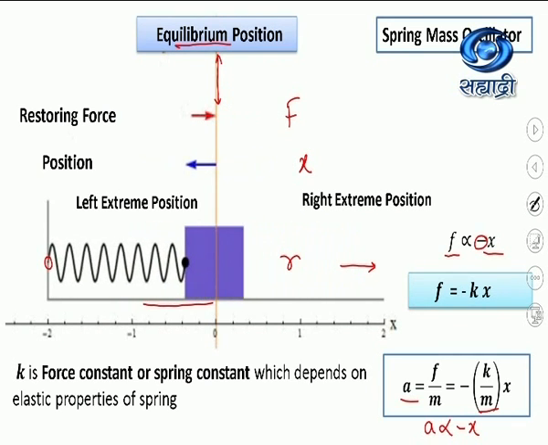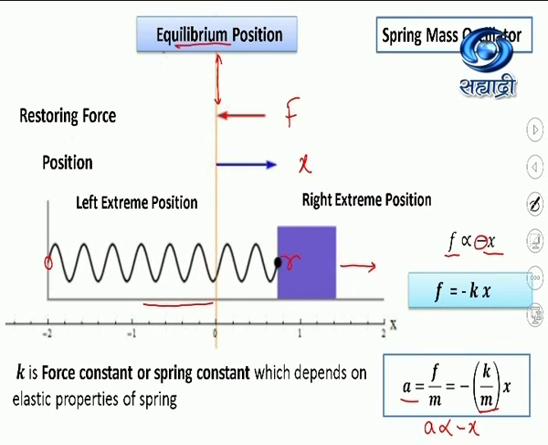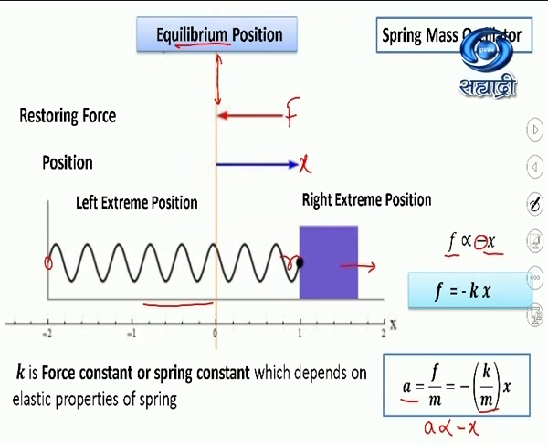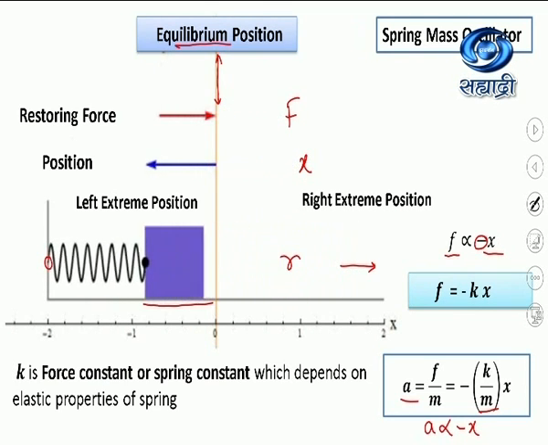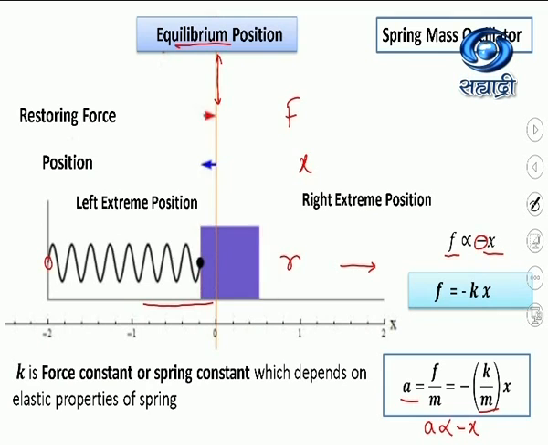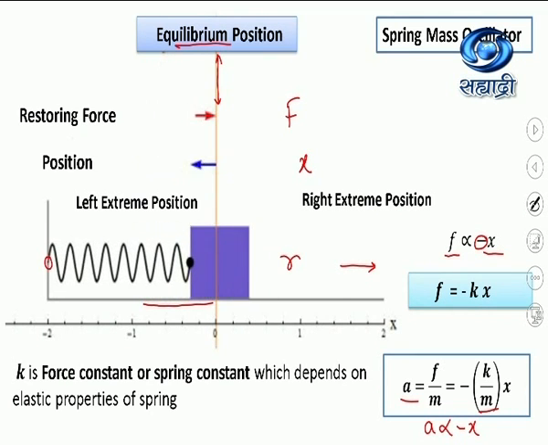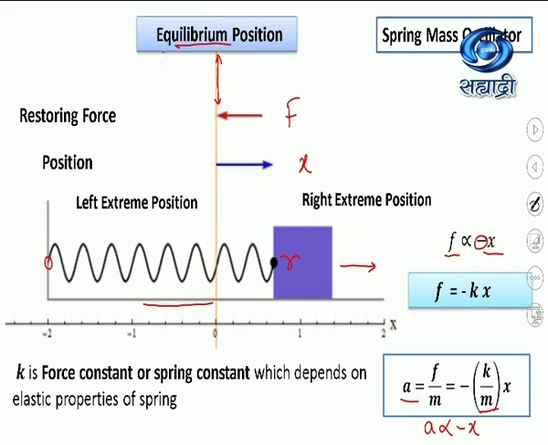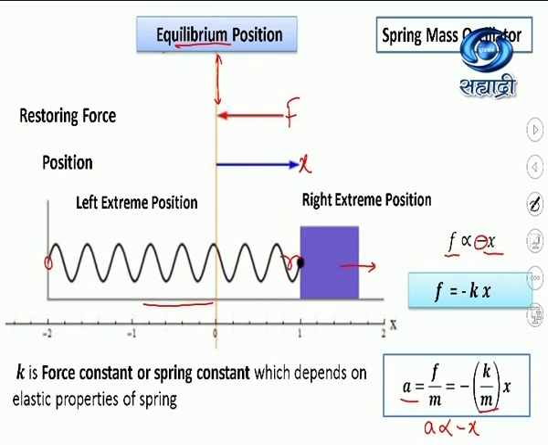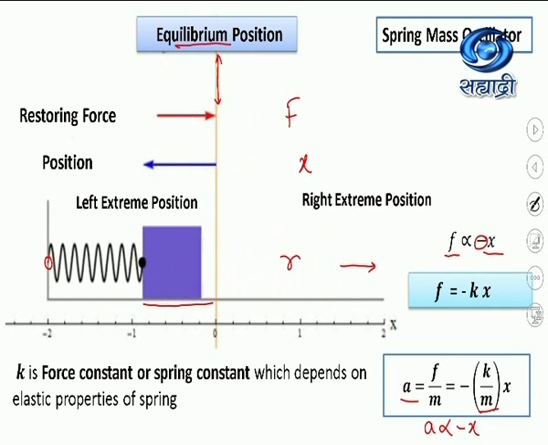So, along with the force, the acceleration is also directly proportional to displacement, and both acceleration and force are opposite to displacement. So here it is proved that the spring mass system, or spring mass oscillator, performs SHM along a straight line path, which is called linear SHM.